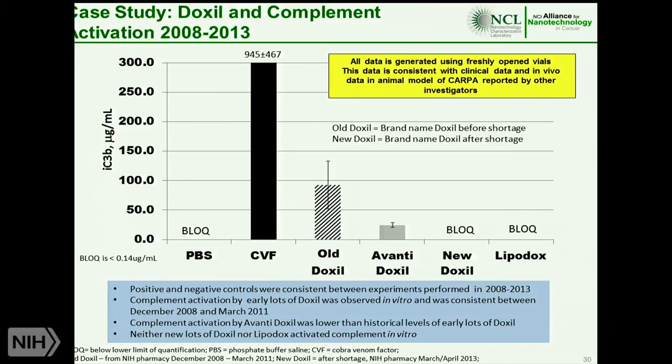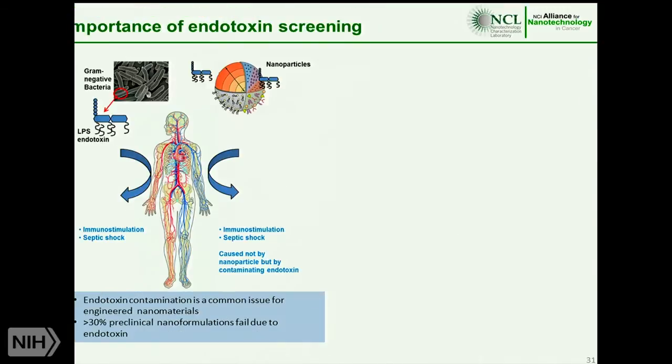CARPA stands for complement activation related pseudoallergy, and this is a very common dose-limiting toxicity of Doxil. In this case, this is very good news for the patient in that whatever the difference in the new formulation, the toxicity was decreased, but this relationship could be the other way around. So this is why it is very important to understand what properties, in addition to hydrodynamic size and zeta potential, are responsible for the discrepancies in biological properties of these materials.